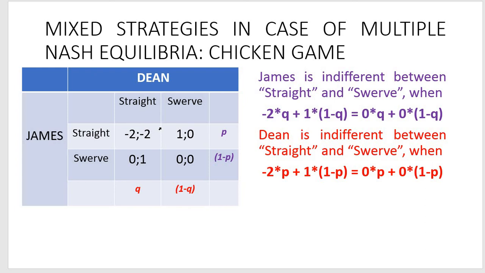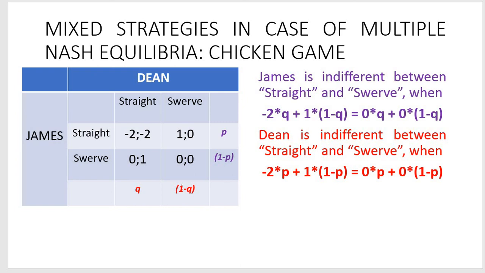So James will be indifferent between going straight and swerving if his expected payoff associated with going straight, -2 times q plus 0 times 1 minus q, is equal to the expected payoff associated with swerving, so 0 times q plus 0 times 1 minus q.